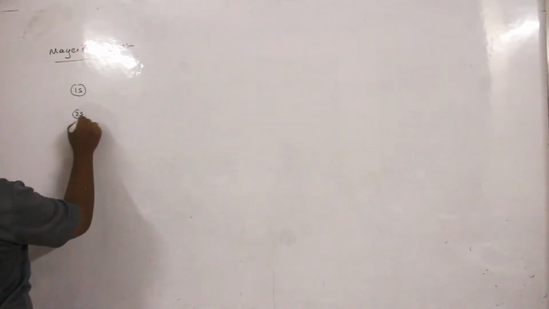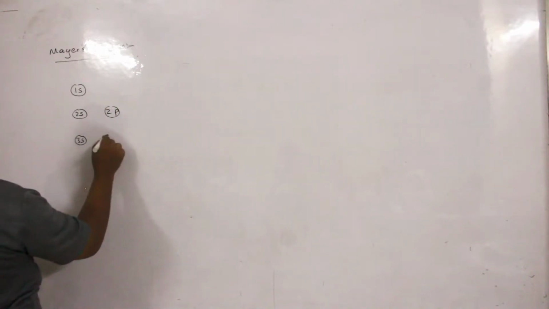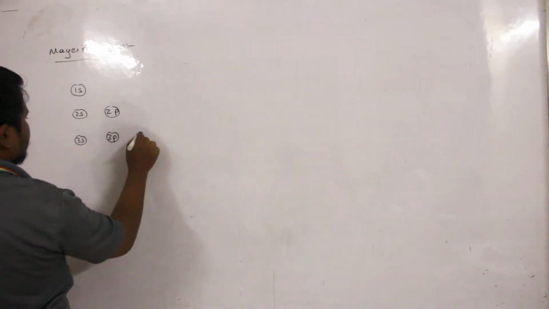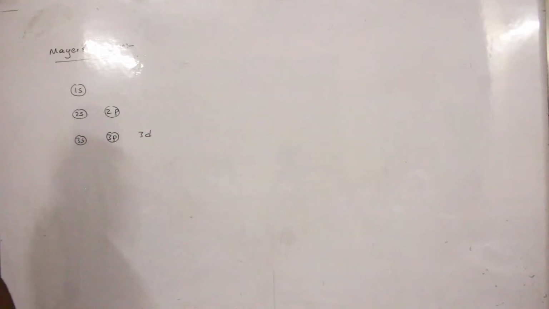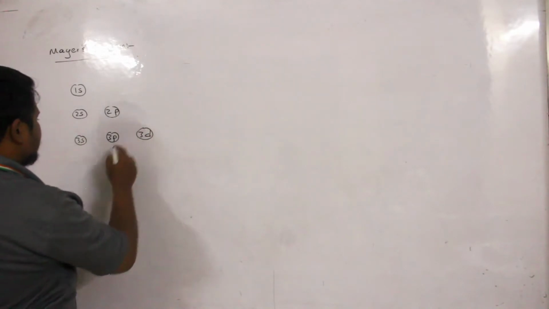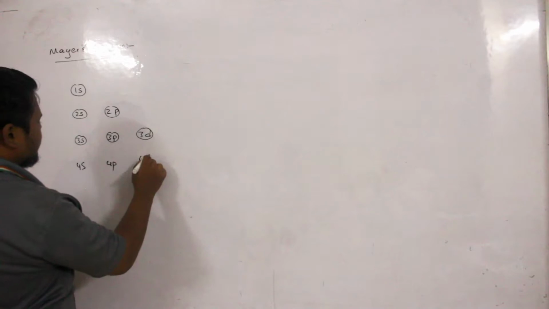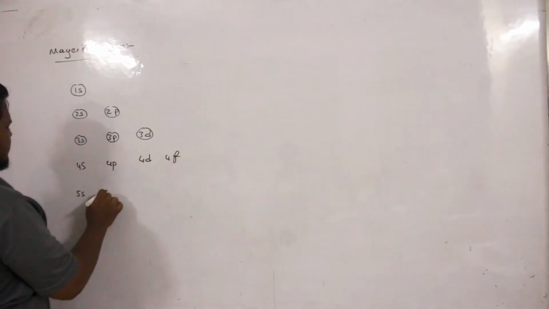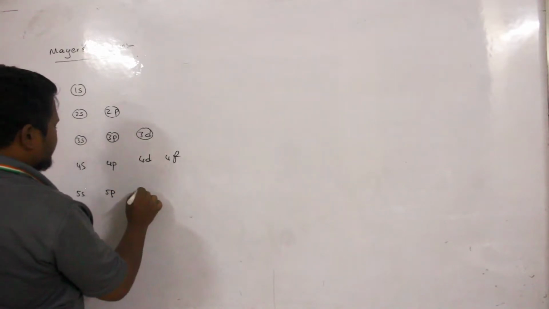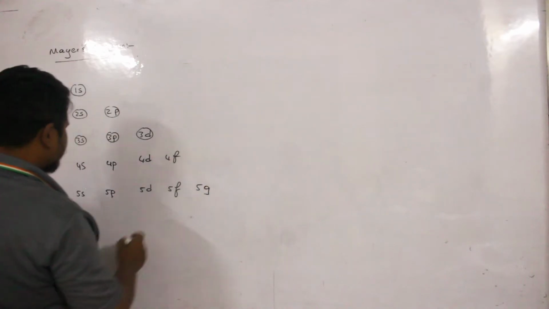1s, 2s, 2p, 3s, 3p, 3d. So third shell, 3 subshells. Then here we write 4s, 4p, 4d, 4f. Next 5s, 5p, 5d, 5f, 5g.